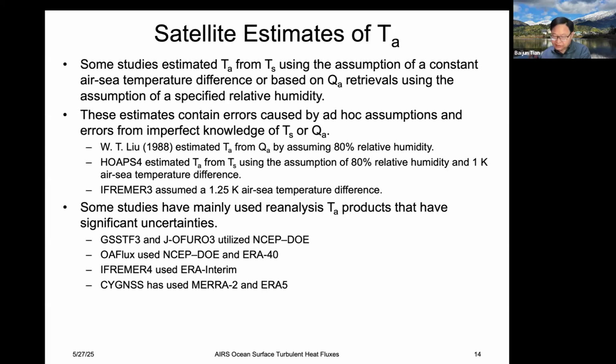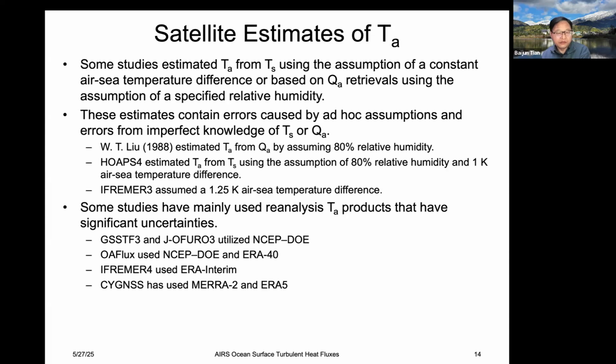As a result, this estimate has big errors caused by the ad hoc assumptions. For example, Liu 1988 estimated T sub A from Q sub A, but just assumed 80% relative humidity.